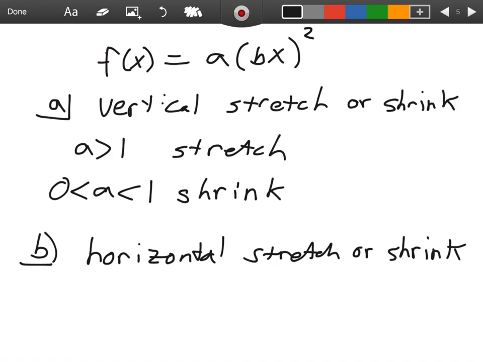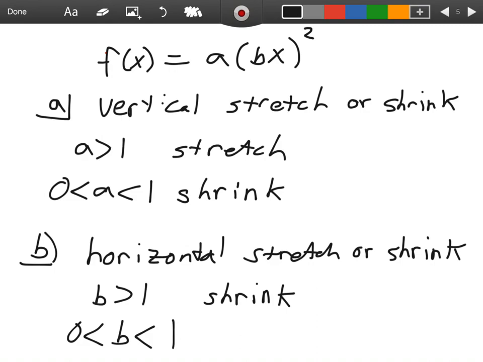A shrink in the horizontal direction is the same thing as a stretch in the vertical direction. So they basically are the exact same thing. You just got to think about what direction you're talking about. So if B is greater than 1, it's a shrink horizontally. And if B is between 0 and 1, it's a stretch horizontally.